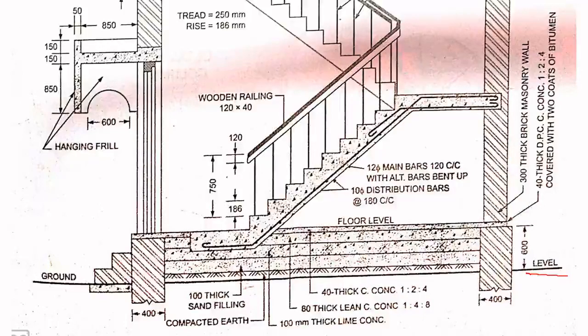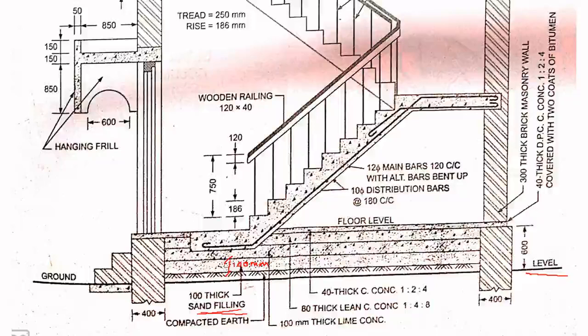You have to compact the earth. So after compacting the earth, you should give 100 mm thick sand filling. So this distance is 100 mm, that is 10 centimeter. You have to give only sand filling.